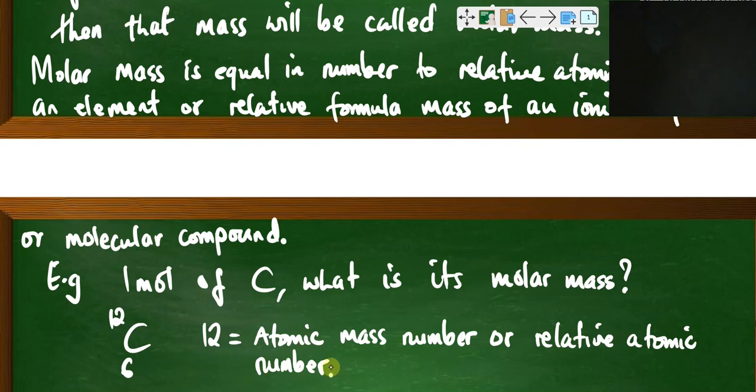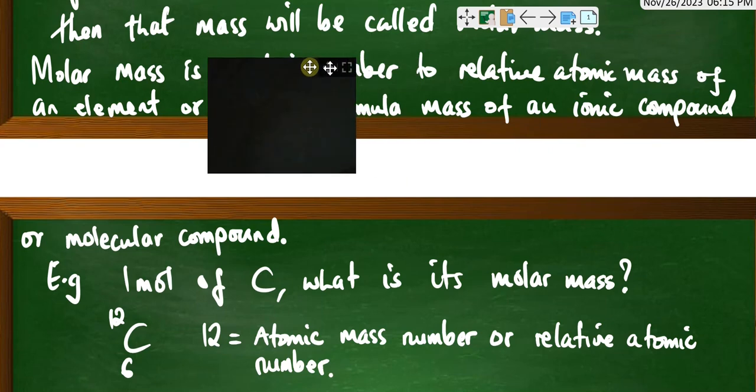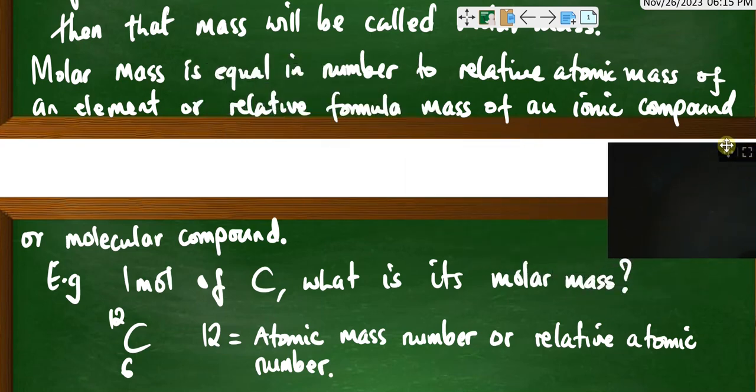Since I already put this statement here to say molar mass is equal in number to relative atomic mass of an element, this carbon is an element and its relative atomic mass is 12 here, as I've indicated.